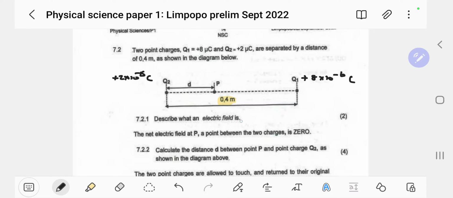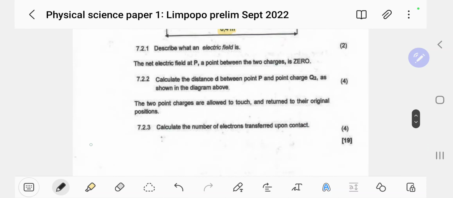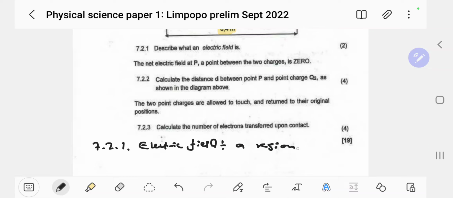Describe what an electric field is. Okay, easy marks again. 7.2.1. So how do we describe an electric field? Well, we describe it by saying it is a region in the space around the charge, any charge for that matter.